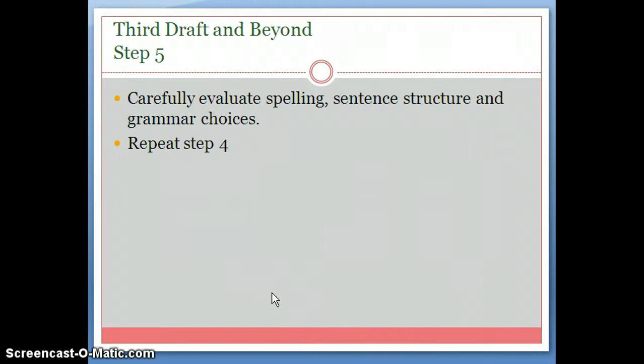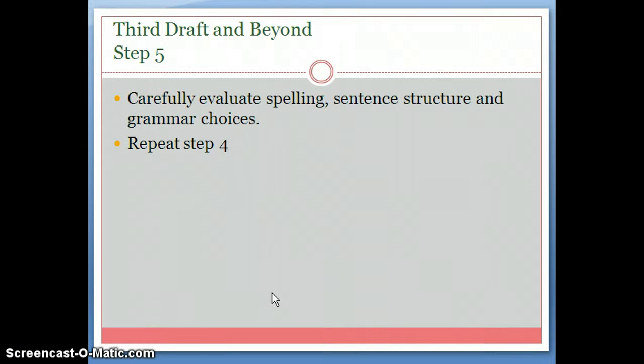Okay, it's usually at this point that I really start paying careful attention to spelling, sentence structure, and grammar. By now, I pretty much got down what I want to say, how I want to say it. It's time to really look at, is something spelled wrong? Could I use a semicolon?